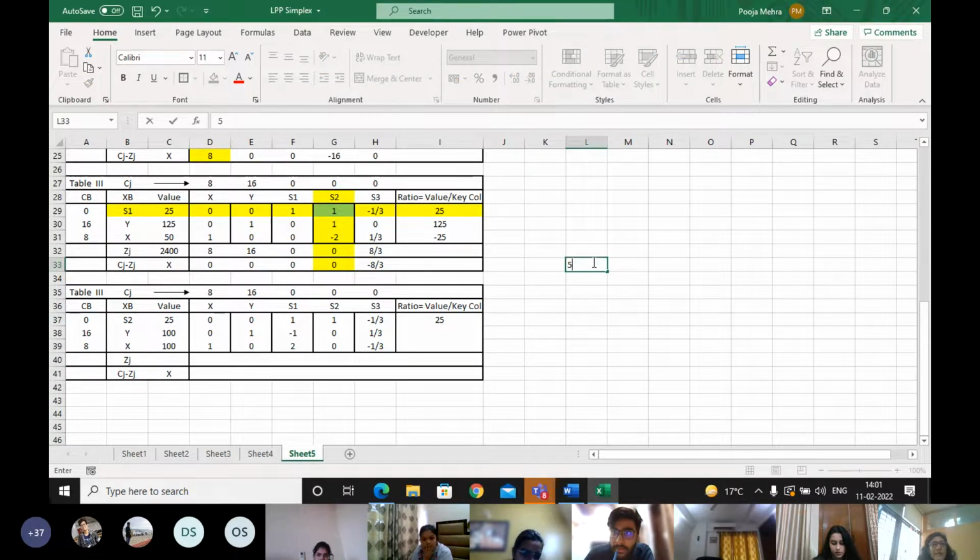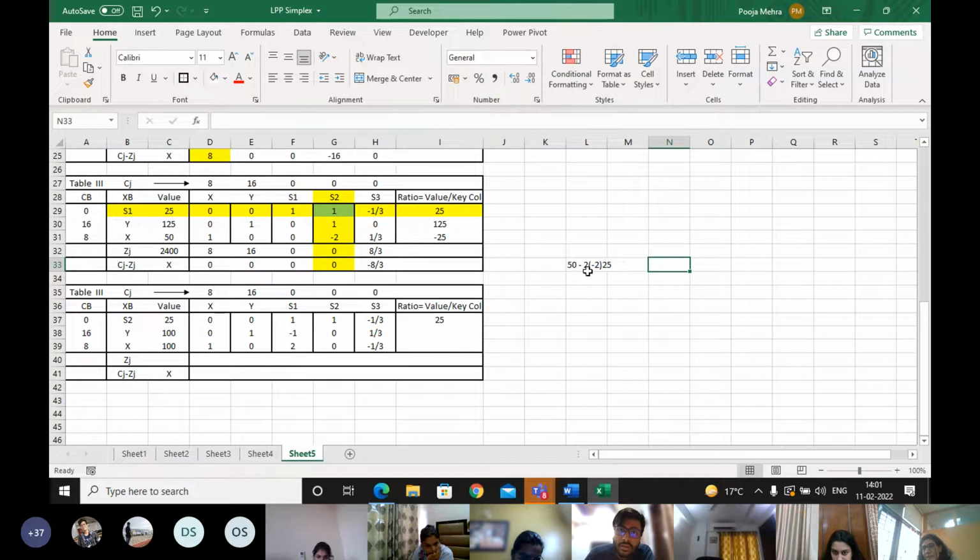Please listen to me. We need to calculate value corresponding to 50 na, so it is 50 minus 2, then in bracket element corresponding to the key element is minus 2, so we have minus 2 into 25. Into 25, so it becomes 100 na, 50 minus plus.